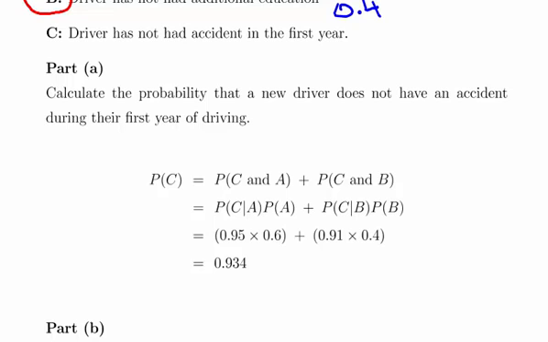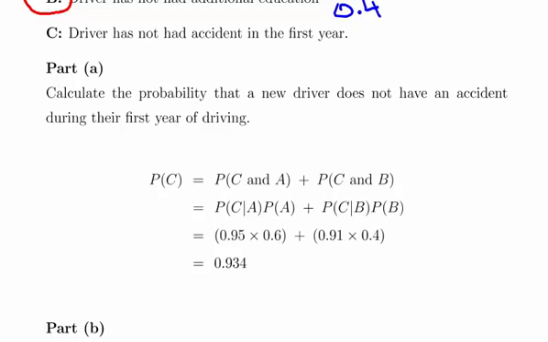Now, we're told this indirectly in the question, where we're told that the probability of them having an accident is 0.05 and also 0.9. So the probability of them not having an accident, which is what we're interested in here, is 0.95 and 0.91, conditional on what group they're in. I'm racing ahead there, but I've explained the rationale.